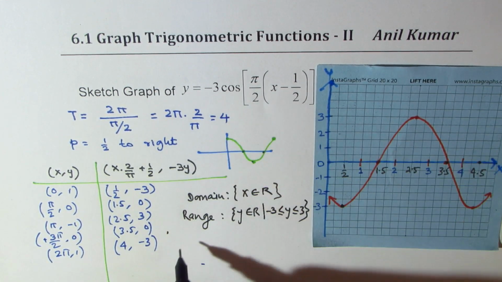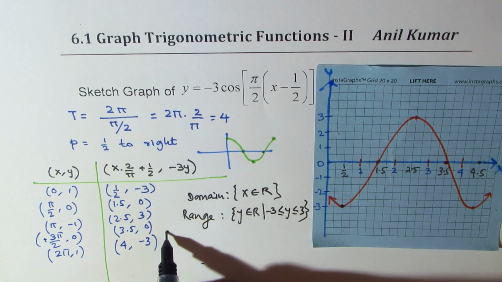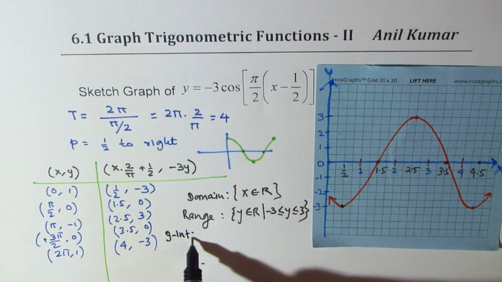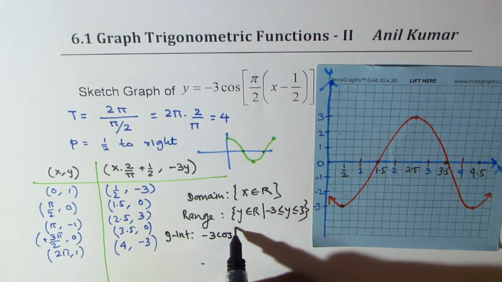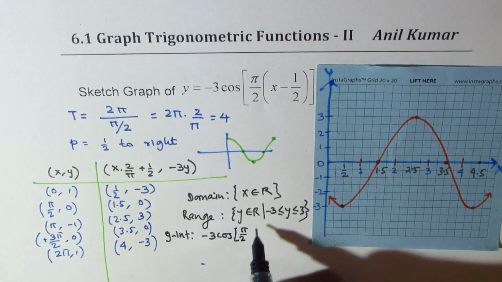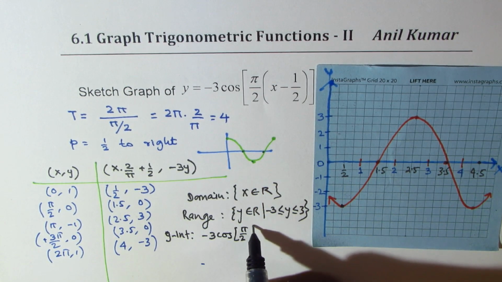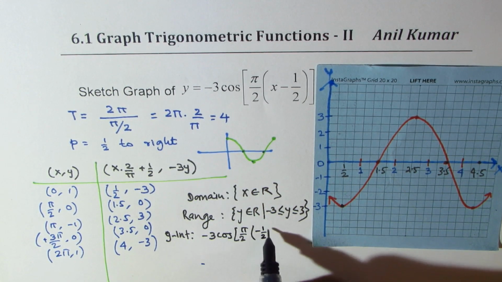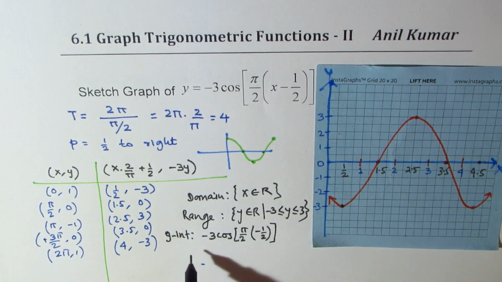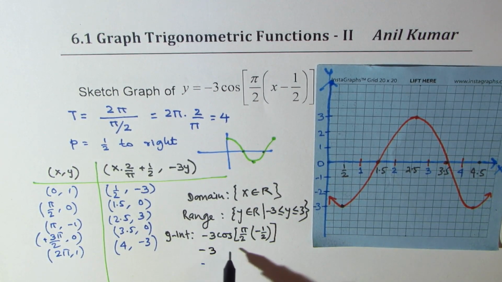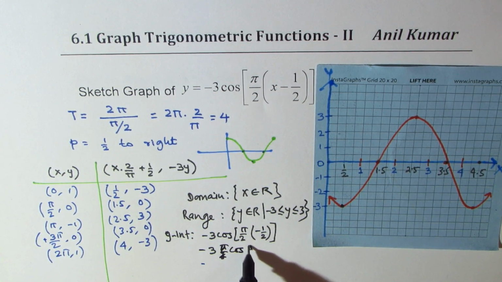So let's extend this. To find the y-intercept, x is 0. So we get -3 cos of pi by 2 times x is 0 times -1/2. Now that gives me -3 cos of pi by 4, since cos is an even function.